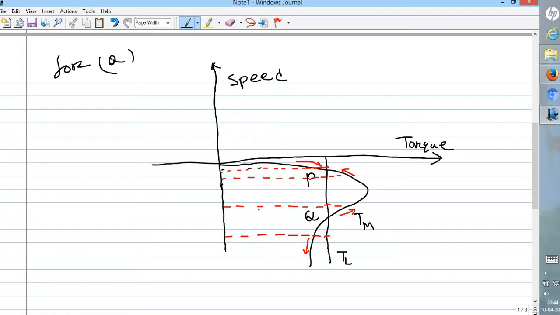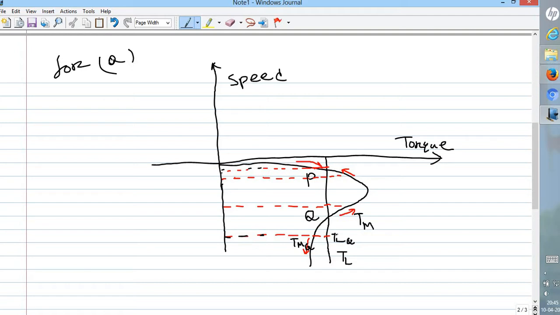Now let's consider the point Q in this region, where the speed is more than the speed at point Q. The load torque TL is somewhat more than the motor torque. This is the load torque TL and this is the motor torque.